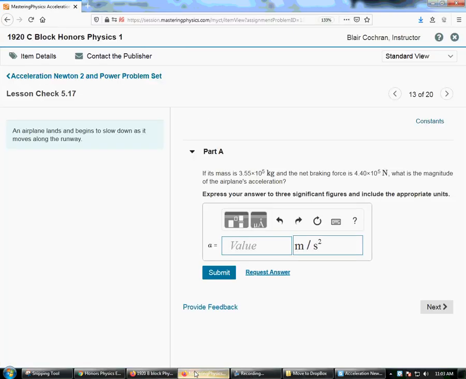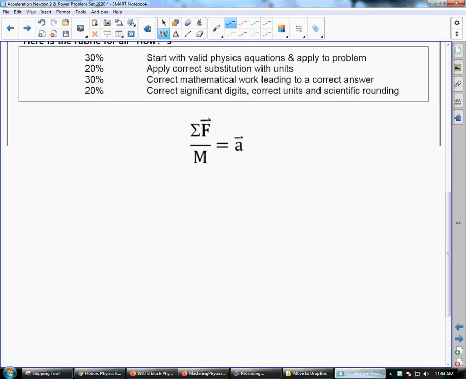So now let's see if I get the numbers in my head. Mass is 3.55 times 10 to the 5th kilograms, and the brake force is 440 times 10 to the 5th newtons. So that's my net force, 440 times 10 to the 5th newtons.